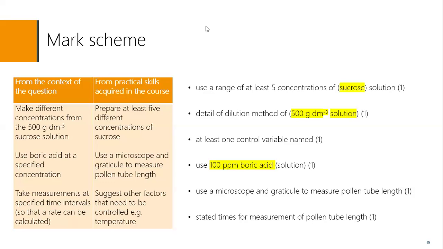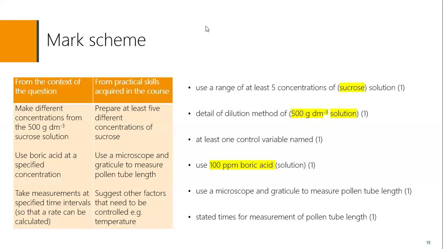Right, in Unit 3, the exam will be based on the core practicals in Unit 1 and 2. So Unit 3 will only look at practicals from Unit 1 and 2. You're very likely to get asked about a practical in a different context.